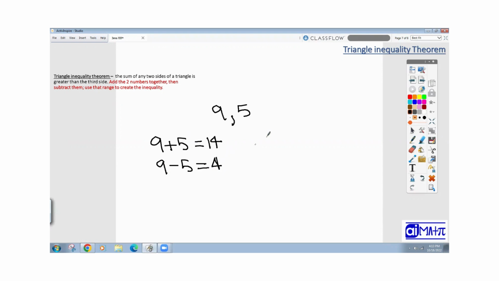So I have my inequalities that I want to set up, and I'm saying x is greater than 4. And x also must be less than 14. So my answer would start with my low number, which is 4. We'll put a less than sign, put the x, less than again, and then 14. And it would read 4 is less than x, which is less than 14.